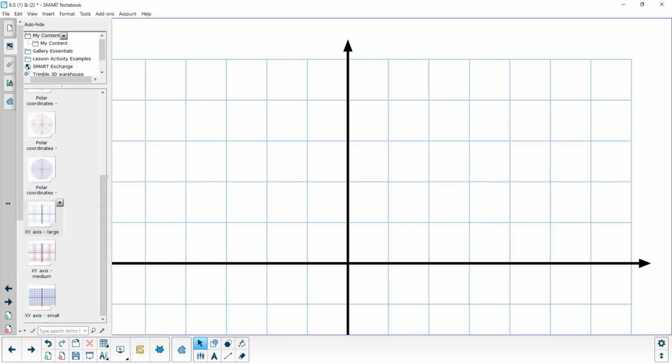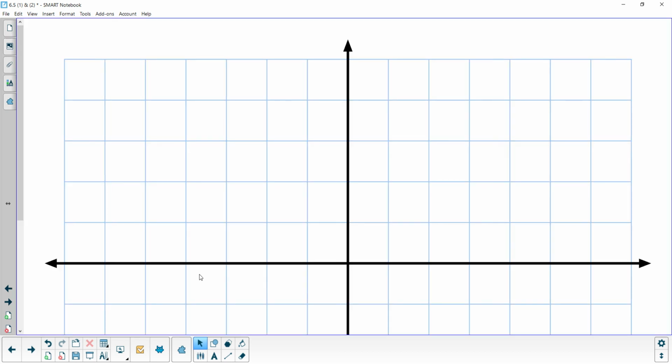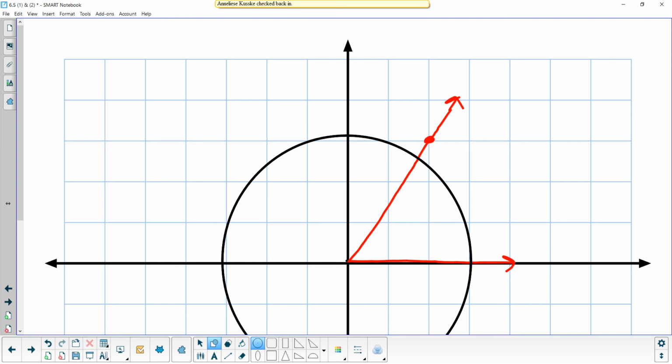Let's put the point 2, 3, because it said that point is on the terminal side of an angle. Here's your initial. Here's your terminal. And let's see if we make a circle, if that's the unit circle.